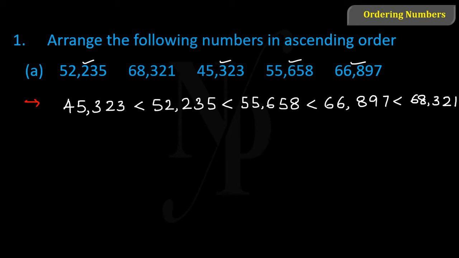Among the given numbers, 45,323 is the smallest number and 68,321 is the greatest number.